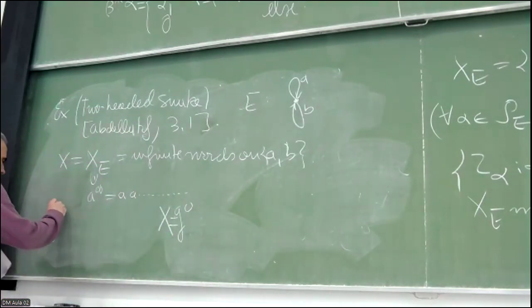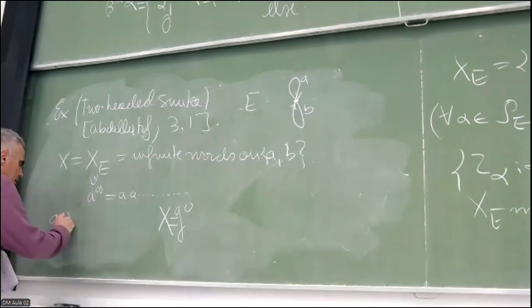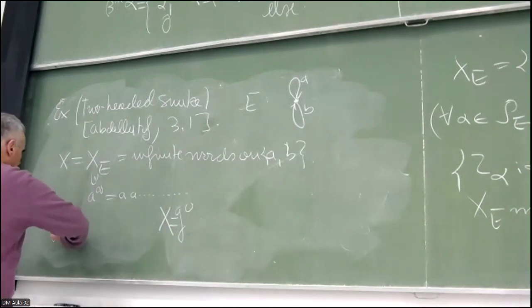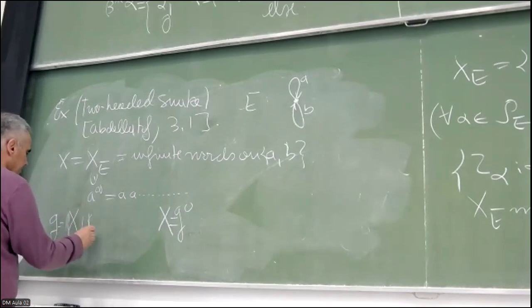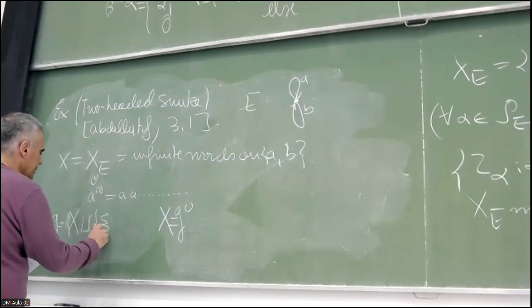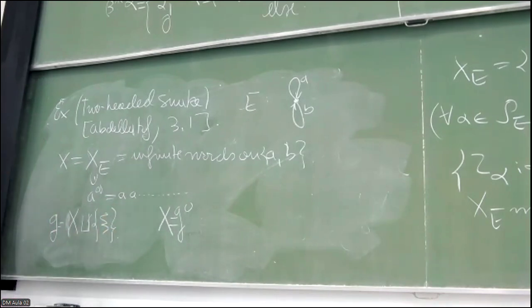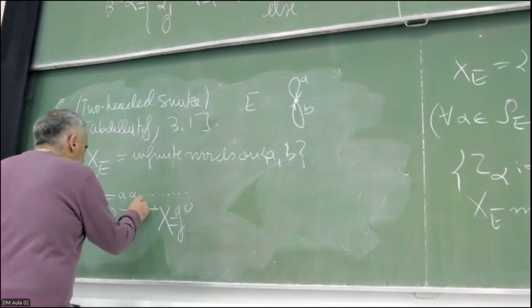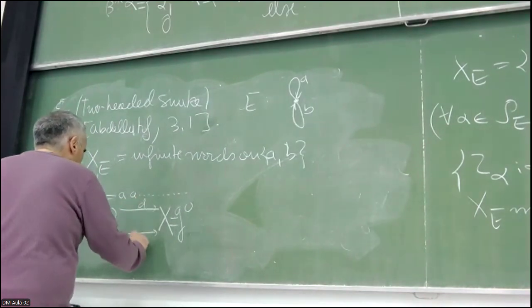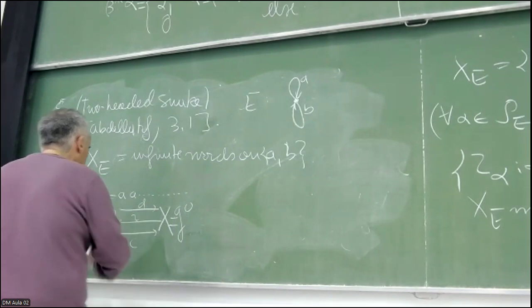And G1 will be X, disjoint union, a mysterious element psi. And then I will have domain and codomain and identity maps.